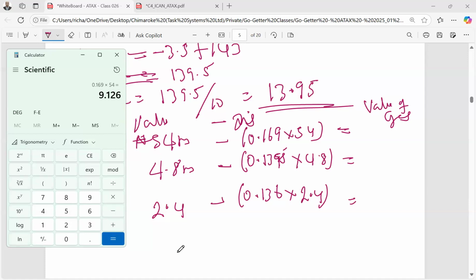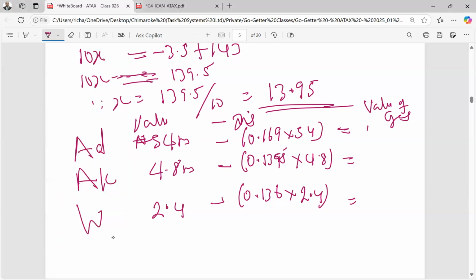Right? 9.126. Anything I have, I'll minus it from 54. I'm getting 44.874. $44.874.